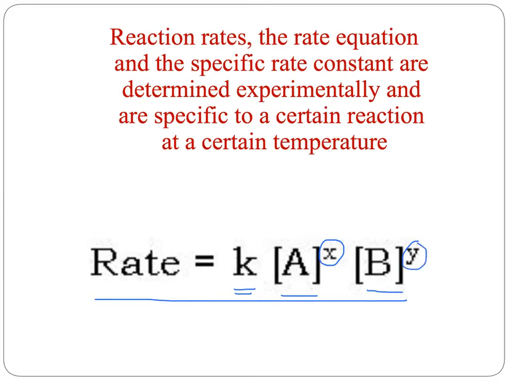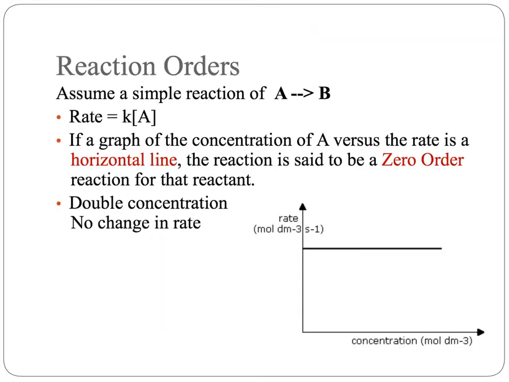And so we need to figure out all these pieces of this equation experimentally. It's not something, as I said, that you can look at a reaction and figure out what the numbers will be. We want to talk a little bit about reaction orders.